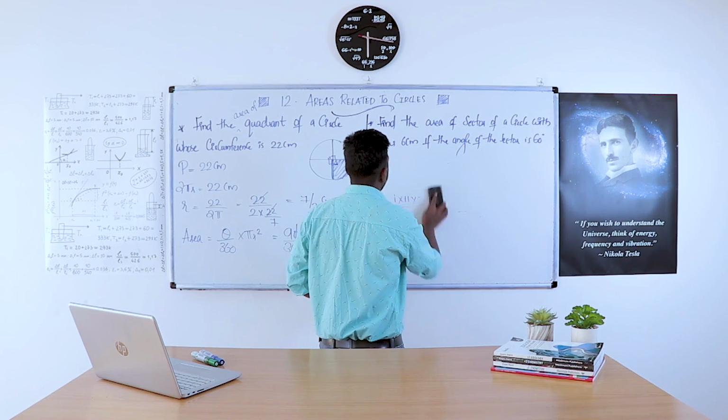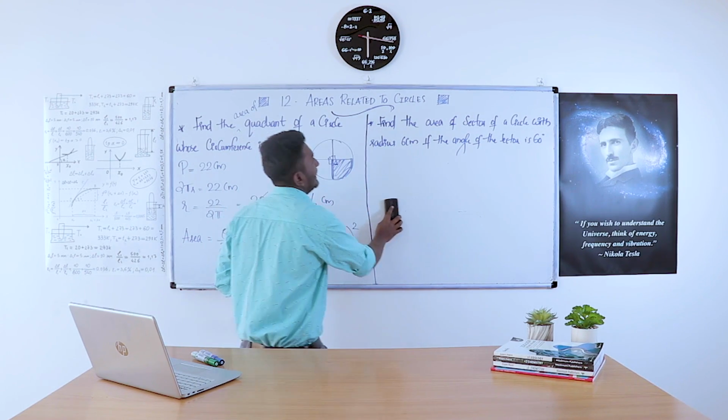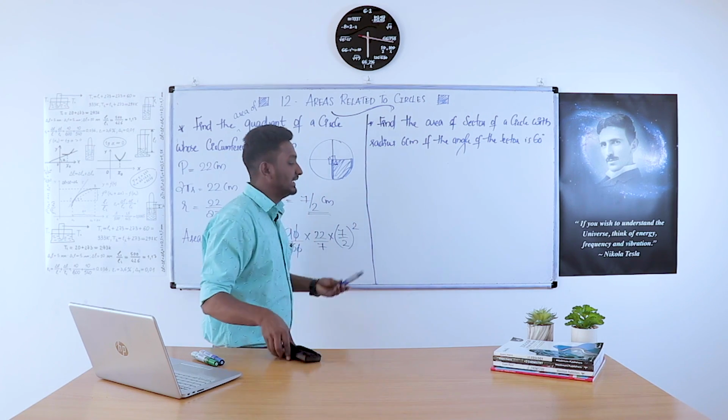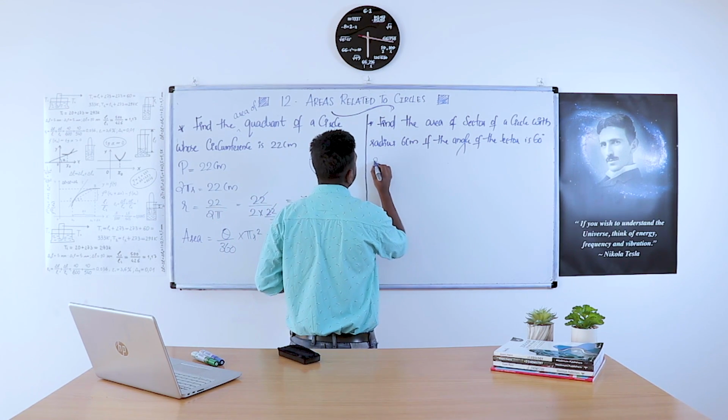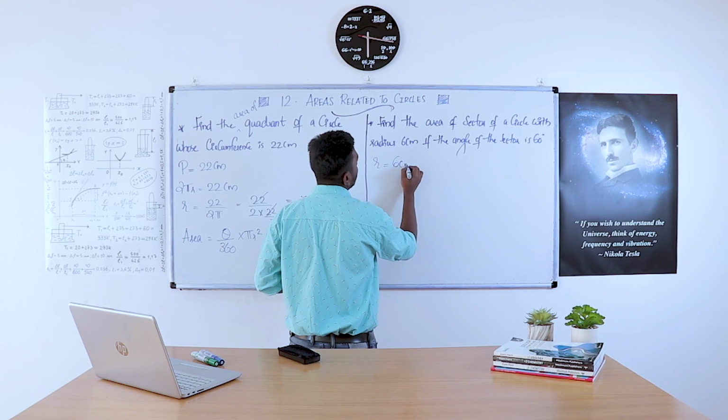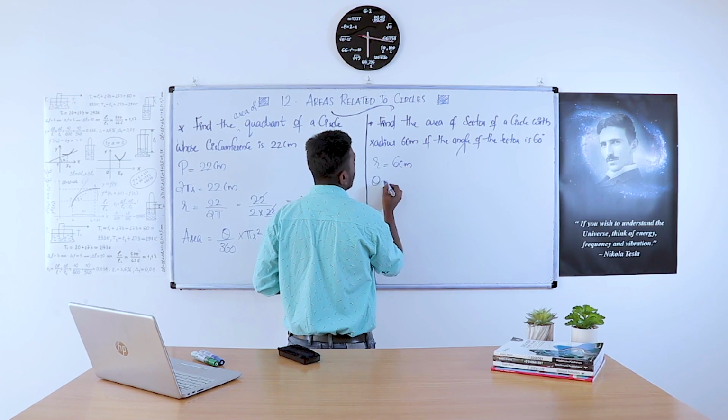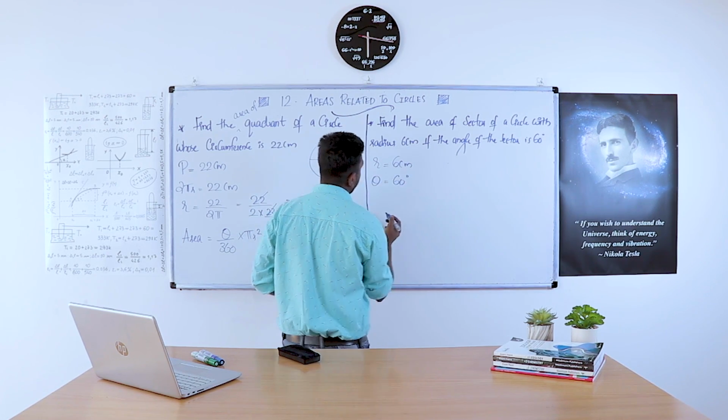So the next question is, find the area of a sector of a circle with radius 6 centimeter. Radius is given as 6 centimeter. Angle of the sector theta is given as 60 degrees.